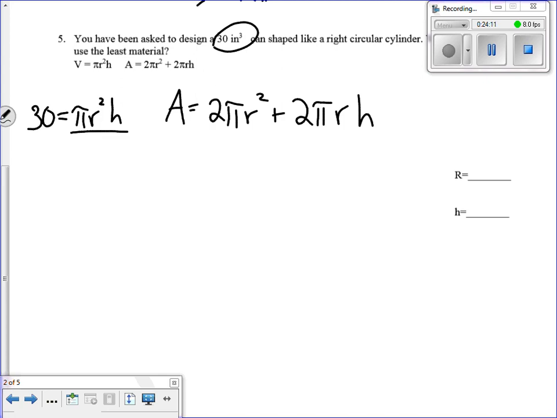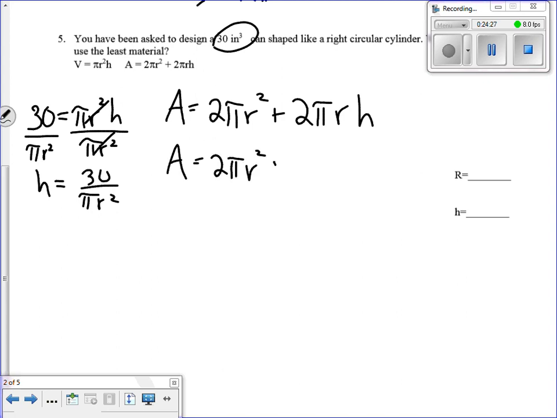I'm going to solve for h. It's easier. So we can divide each side by pi r squared. So now we know that h is equal to 30 over pi r squared. So I put that into the h here. Pi r squared plus 2 pi r times 30 over pi r squared.